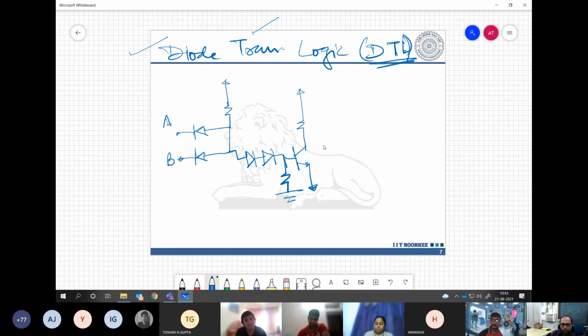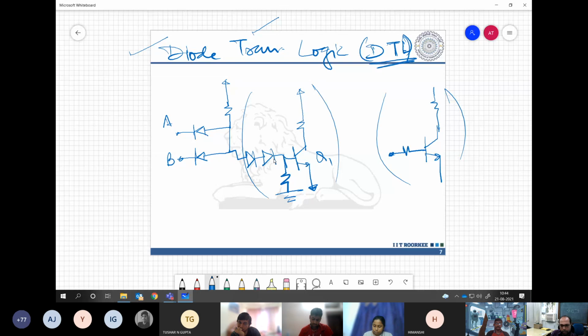Another configuration, what you have learned in lab, is that you connect directly using a resistance, similar to how we have this NOT gate. You connect using this resistance. So these two options are there.